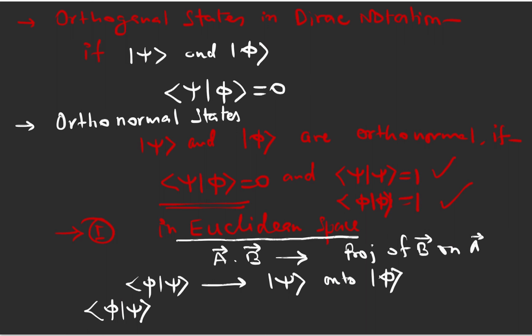So this quantity bracket psi with phi represents the probability amplitude wherein the state vector psi will be found to be in the other state vector phi when the measurement is done on the ket psi.